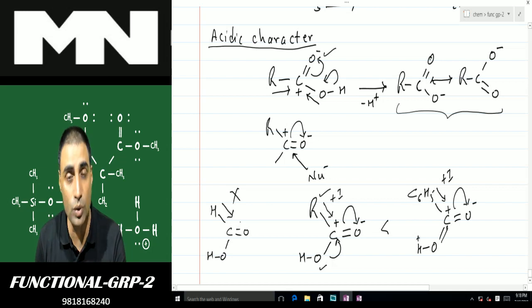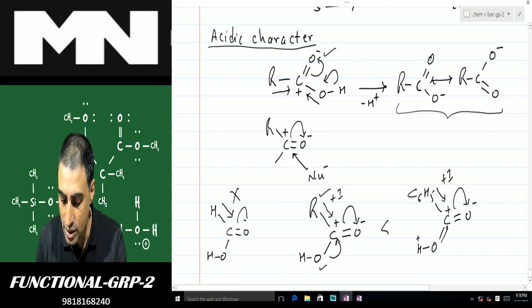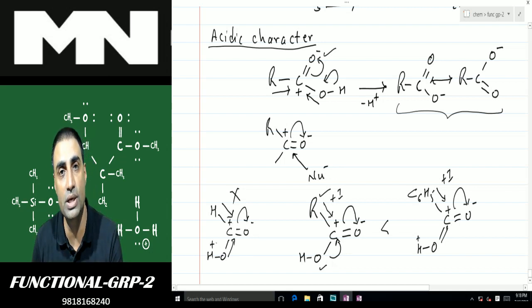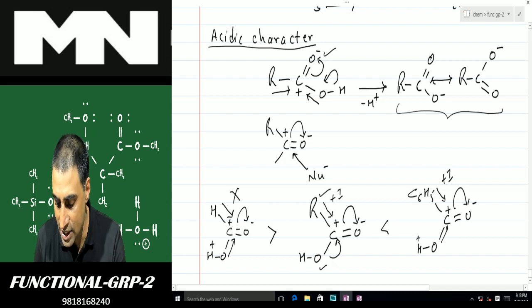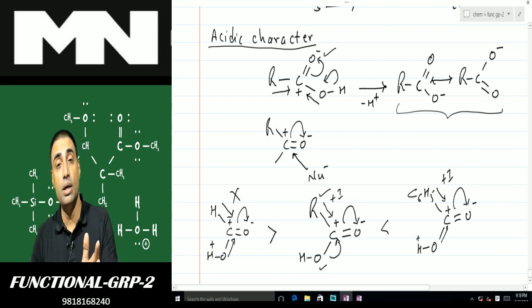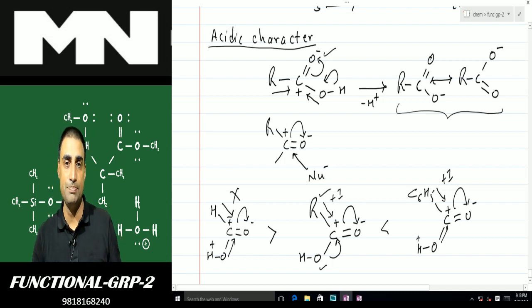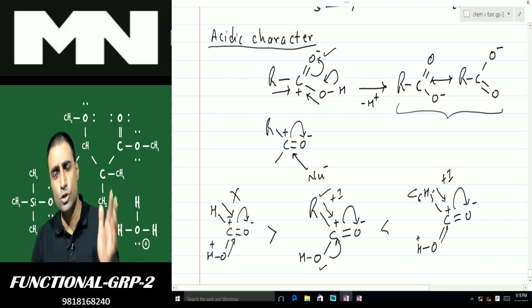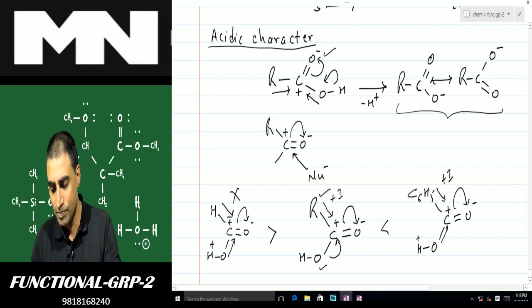So since there is no electron donation, the pi electron will come toward oxygen, a carbocation will be formed, that will withdraw electron from OH, leading to the donation of H positive ion. So formic acid is a stronger acid, even as compared to aromatic acids. So this is a basic trend: formic acid is the strongest one, then come aromatic acids, and in the last come aliphatic acids.